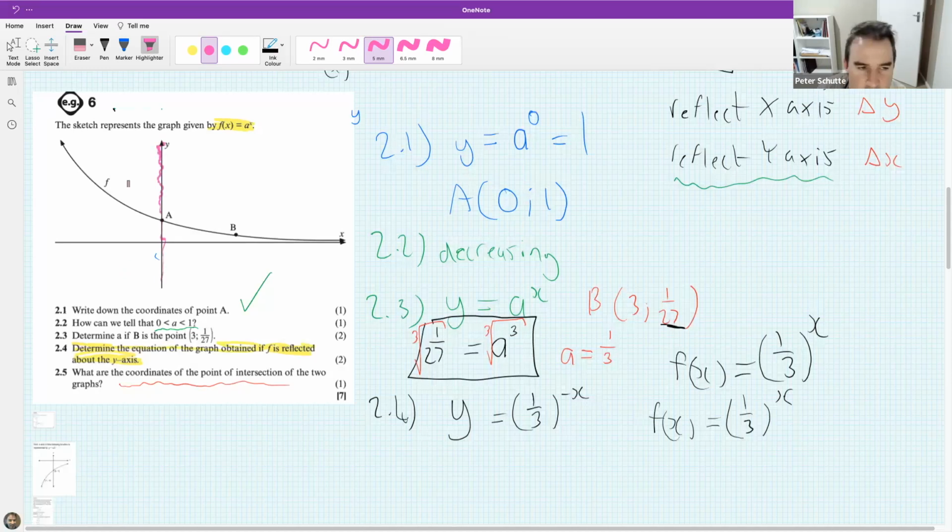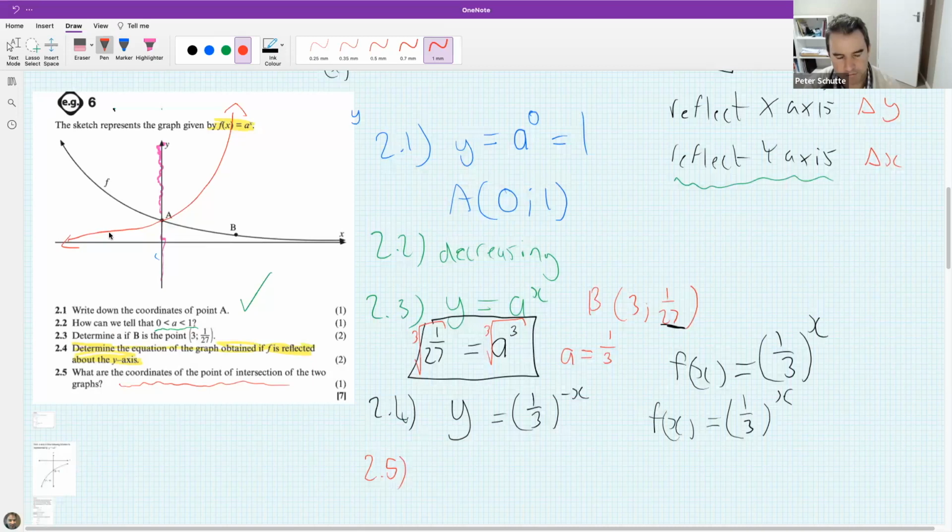If I look at this graph and I reflect it over this axis, the y-axis, I think it's going to look like that on that side and that on that side, because you can see if I fold it across, it looks like that. What is my point of intersection going to be for the original graph and then its reflection over the y-axis?